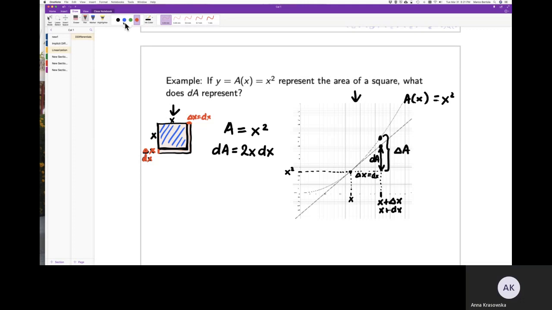So what is delta A? It is the increase in area, or change in area, or additional area.